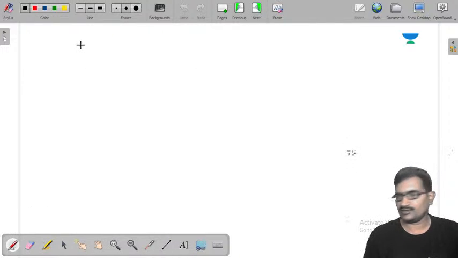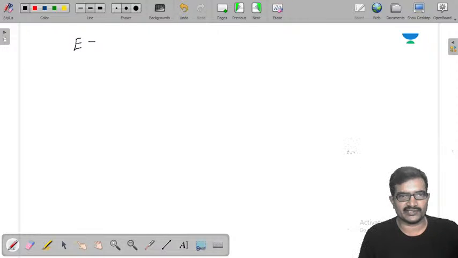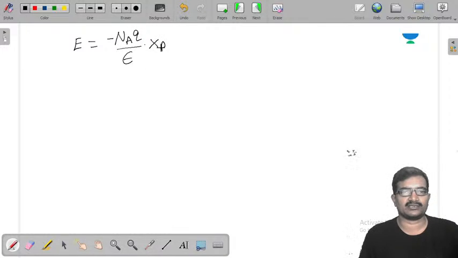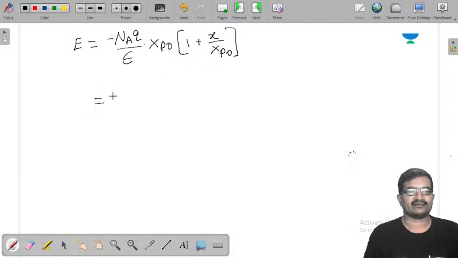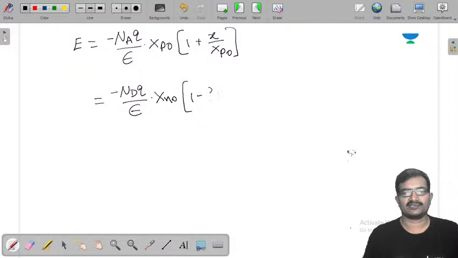So far we derived two equations for electric field. First one is minus Na into Q by epsilon into x p naught into 1 plus x by x p naught. Second one is minus Nd into Q by epsilon into x n naught into 1 minus x by x n naught.